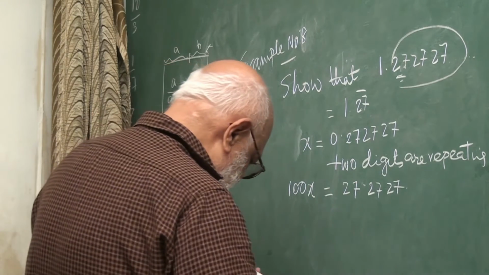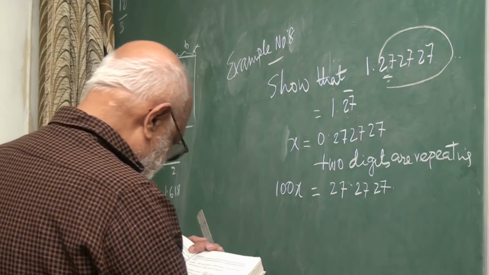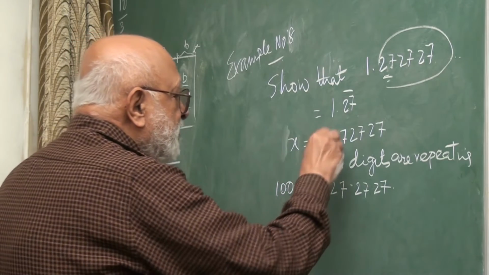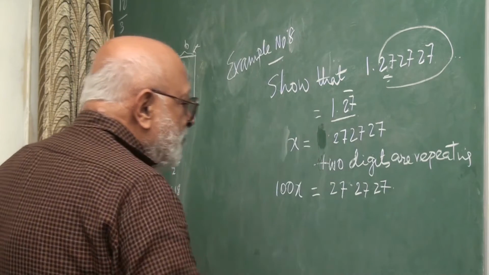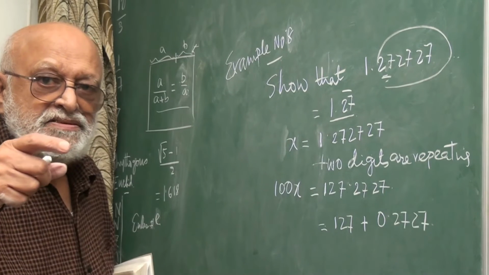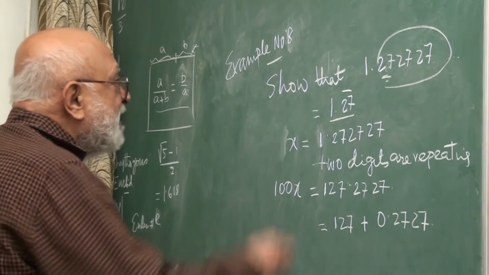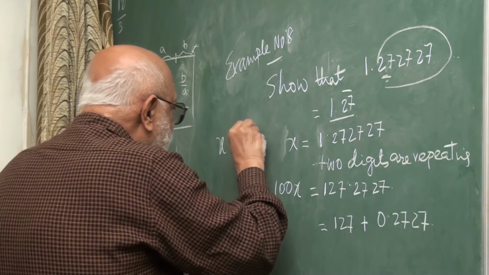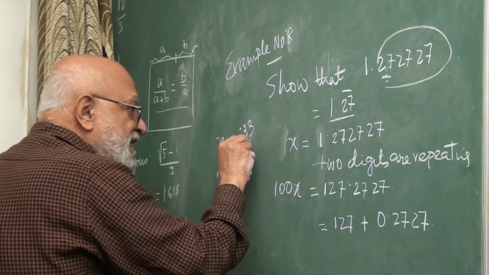So what can I do? I can write it like this. This will be 1.27. So x will be taken as x equal to 1.27, the whole thing. I have to take the whole thing, so not with the 0, but it should be 1 point. I don't know why I missed that. Last time we took x equal to 0.3 because that shifted here.